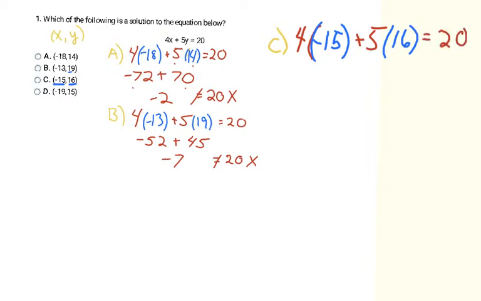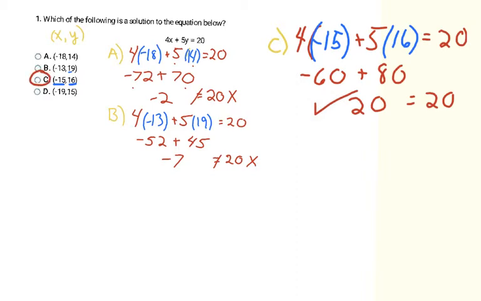So I'm going to work with my left side. 4 times negative 15 is negative 60. And then that 5 times 16 is 80. Negative 60 plus 80 is 20. And my right side is also 20, so this one does check out. So my answer here is C. And if you want to be extra sure, which I really recommend, you can go ahead and try out D also, just to make sure it doesn't work, just in case you made a mistake somewhere in C.